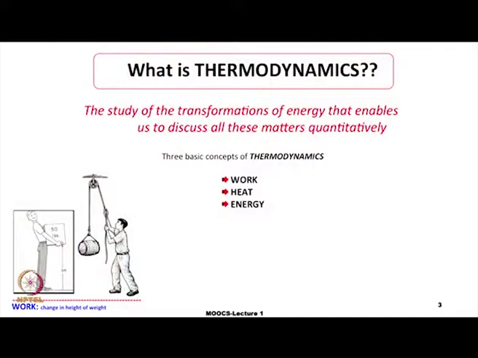Now, in the second picture, it does not have to be a man pulling the rope that leads to lifting of the weight. It can be electrical current also. For example, electrical current can be passed through a motor connected to a pulley, and then eventually we can see the height of a weight somewhere being raised or lowered in the surroundings.